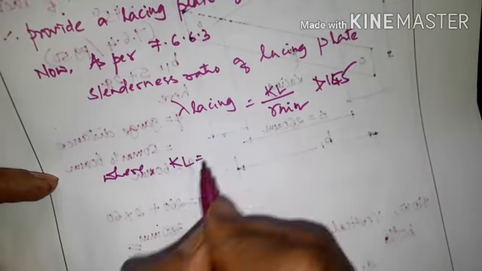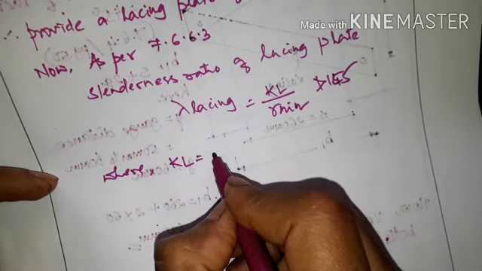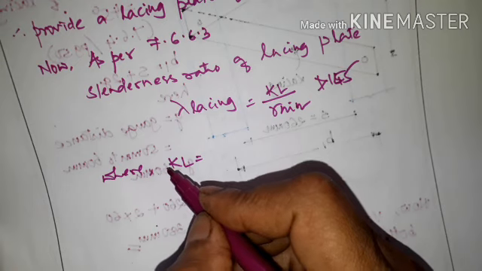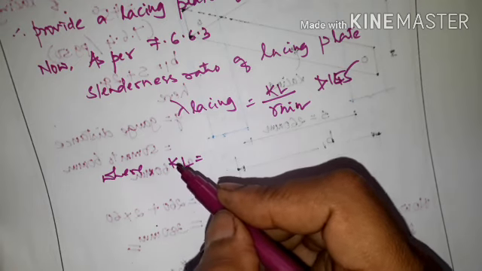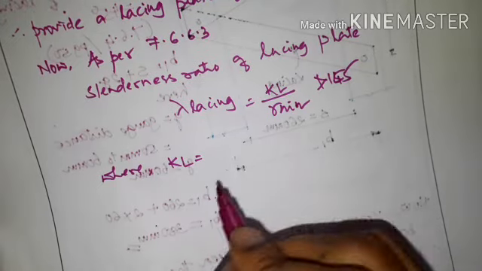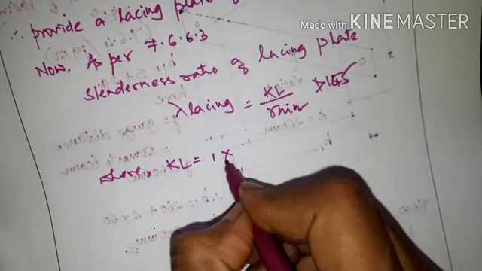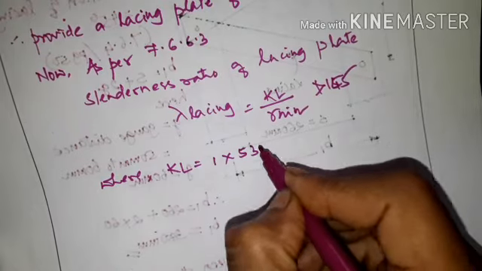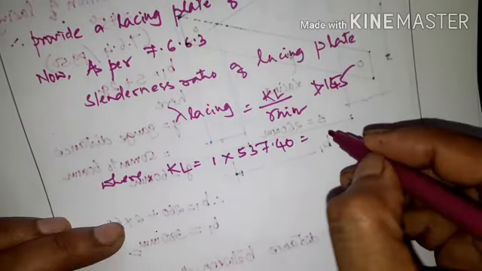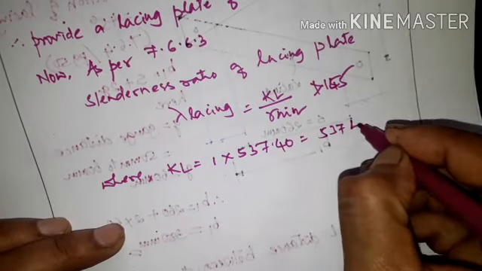KL is equal to, because the effective length factor for plate, we will take it as 1 because it is connected directly to the main member center to center by using bolts. So 1 times 537.4, which is equal to 537.4 mm.